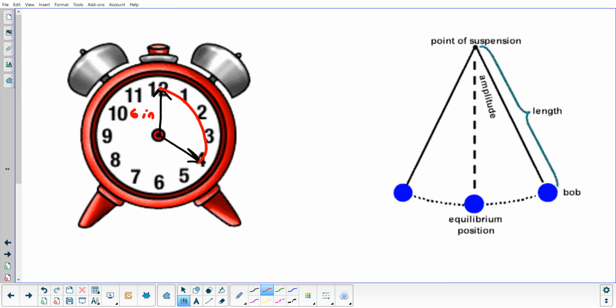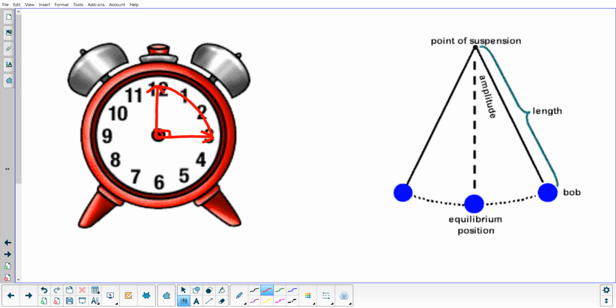And the other thing you need is the angle. Well, on a clock, the angle is very easy to figure out because everything's equally spaced. Think about something simpler. 12 to 3. What's the angle between 12 and 3? 90.